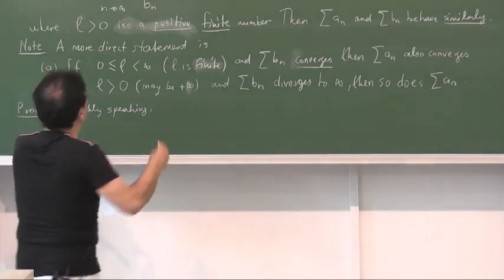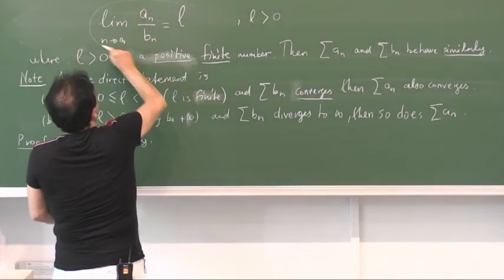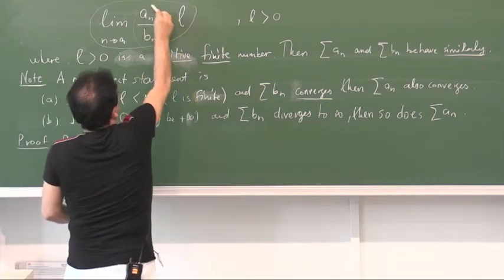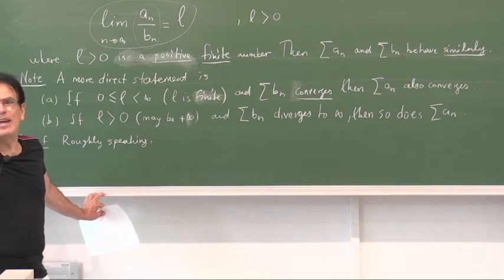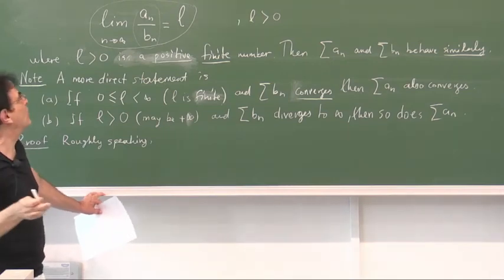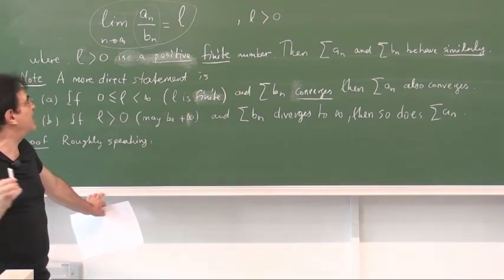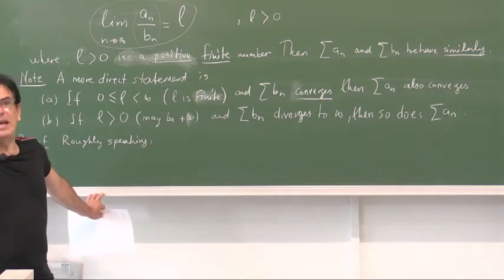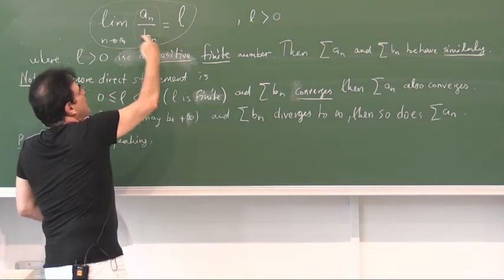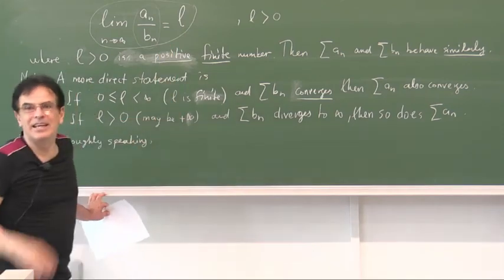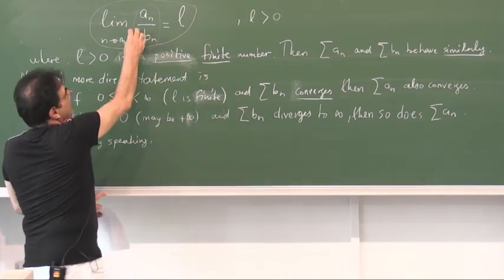So what is the meaning of this limit? Remember, we give an idea. You can think that this is a sequence whose elements are an over bn. What is the meaning of this limit? Remember the definition of the limit. It tells us that there is some index big N, so when little n is larger than that index, the elements of this sequence are all nearly L. Okay? That is the meaning in practice of having this limit at hand.